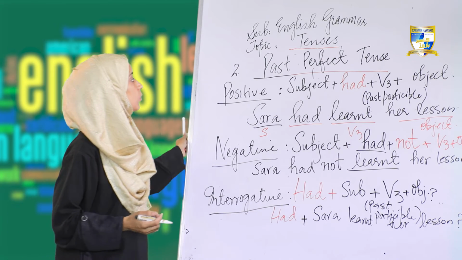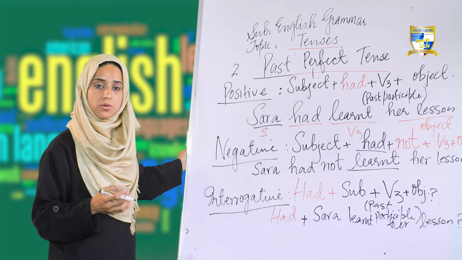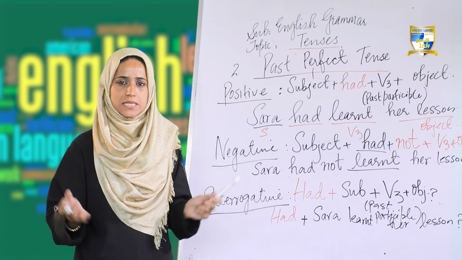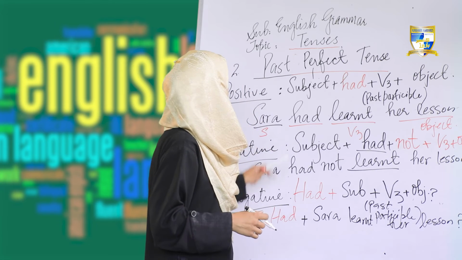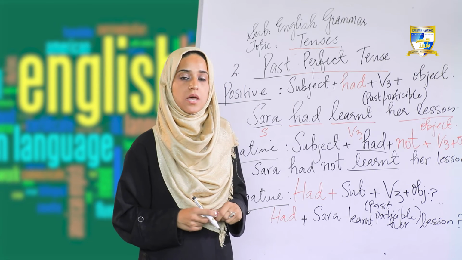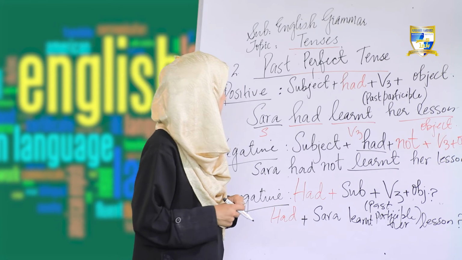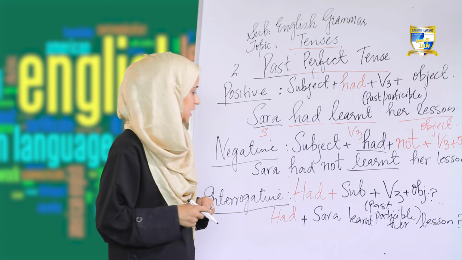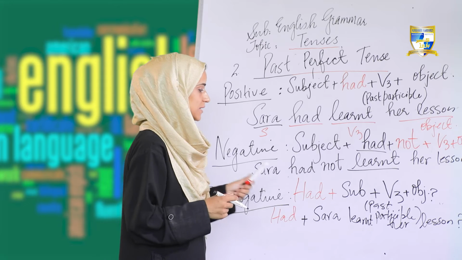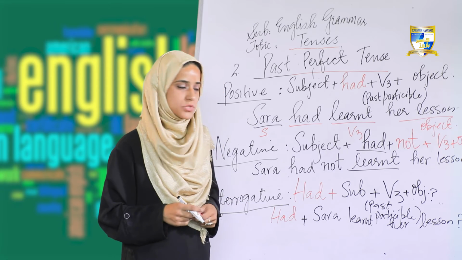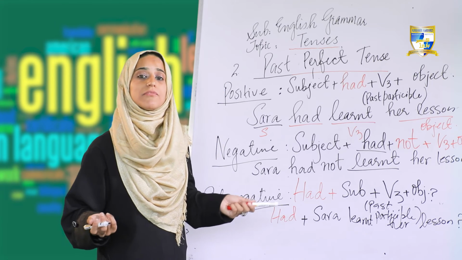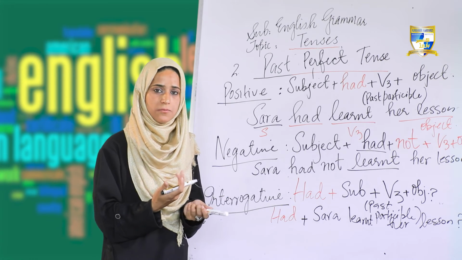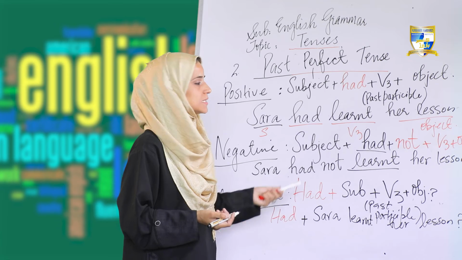So here we go with the past perfect tense, which denotes the time of an action that happened at some point in the past and was completely done at that moment. The structure goes like this: subject plus had plus third form of the verb plus object. For negative, it is subject plus had not plus verb 3 and object. For interrogative, we have had plus subject plus verb 3, then object, then question mark. So you can frame sentences, whether negative, positive or interrogative, using these structures.